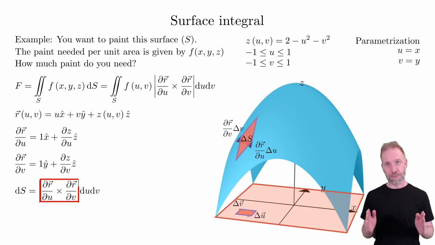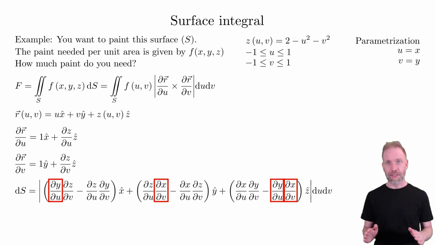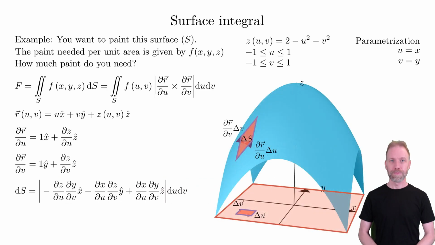Let us look at the cross product. Start by writing it element by element. All these 4 are 0, as we recently saw. All these are 1.